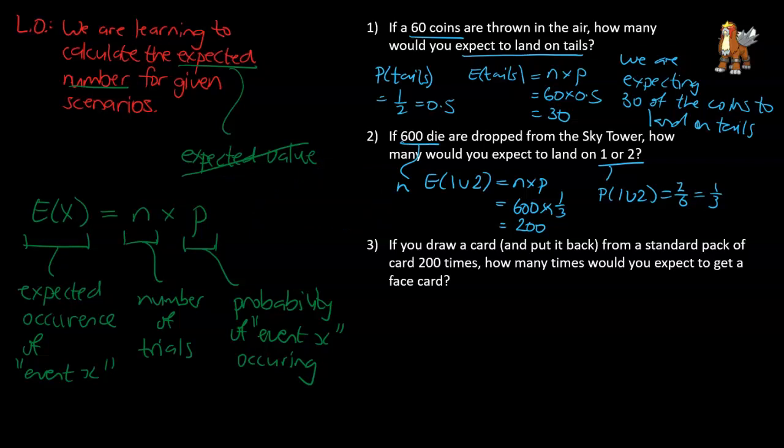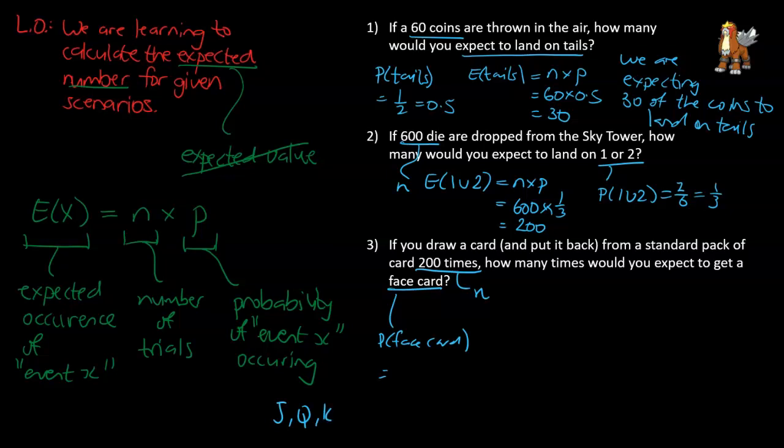And the very final question, number 3, a bit more of an annoying one. If you draw a card and put it back from a standard pack of cards 200 times, so there you go, that's our N, how many times would you expect to get a face card? So our first step here, let's find the probability of a face card. And a face card, hopefully you remember, relates to jacks, queens, and kings.